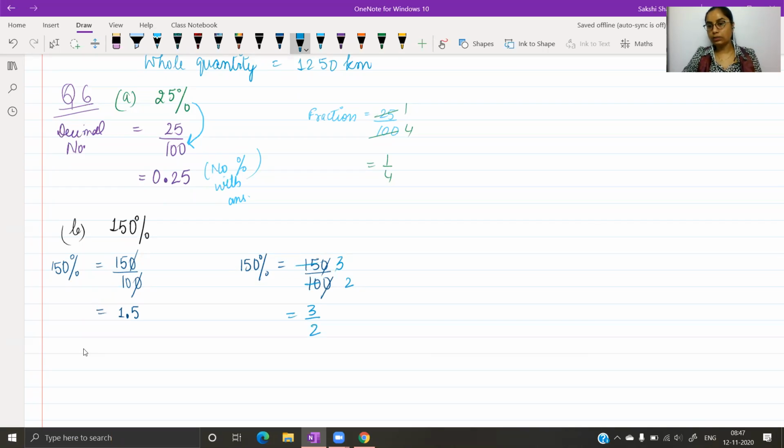So you have to give two answers, one in decimal form, one in fractional form, and the fraction should be in the simplest way. You should have done. मैम मेरी चॉइस है. No. Both things to be done. दोनों तरह से आंसर पूछा उन्होंने क्वेश्चन में. You have to give answer in both ways.